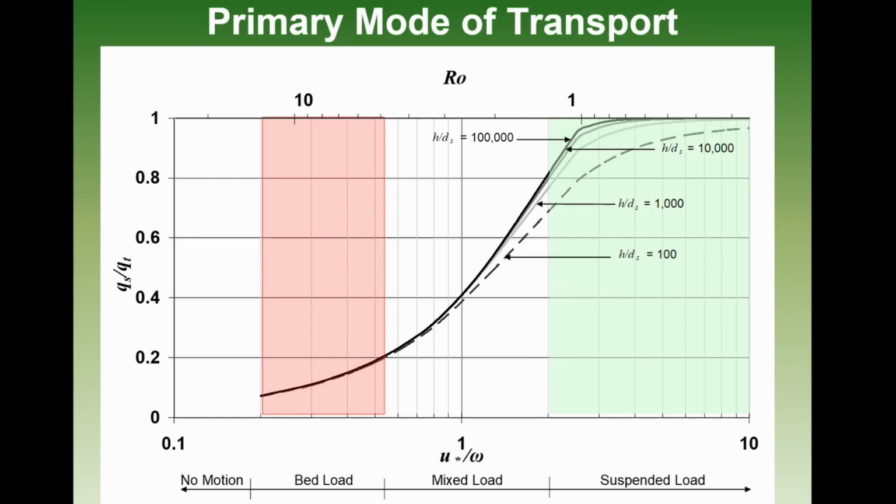The fall velocity is the velocity at which the particles settle down. If it's a little particle, it takes forever to settle. Big particles just drop very quickly. When the ratio of those two is about 1, you get about the same proportion of bed load. Let's say 50% would be exactly 1.2, 1.3, something like that. But you get equal parts of bed load and transport in suspension. Does that make sense? Yeah.